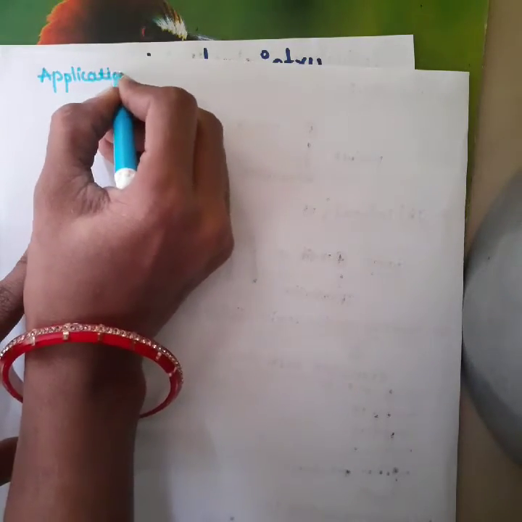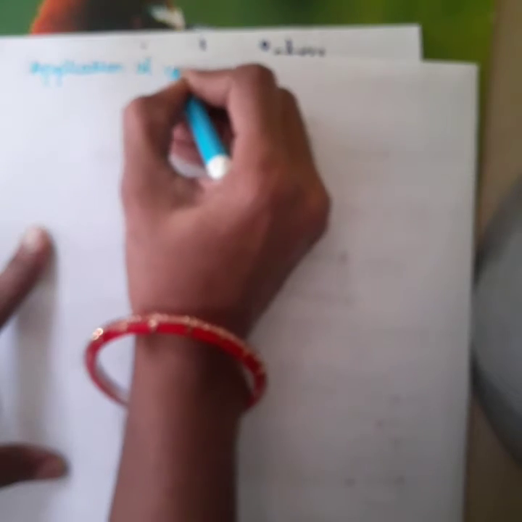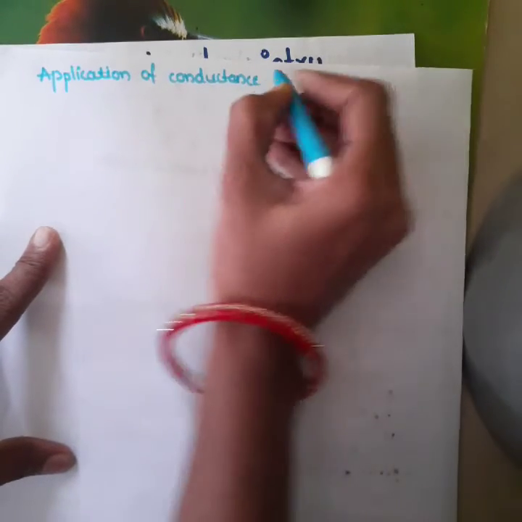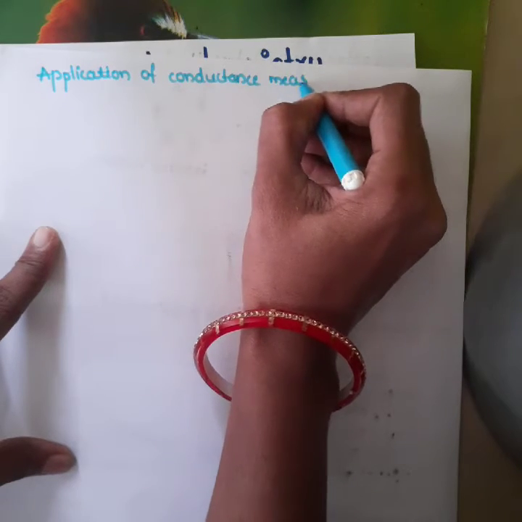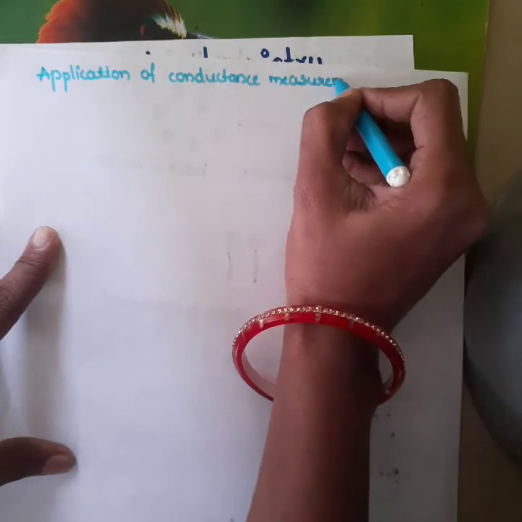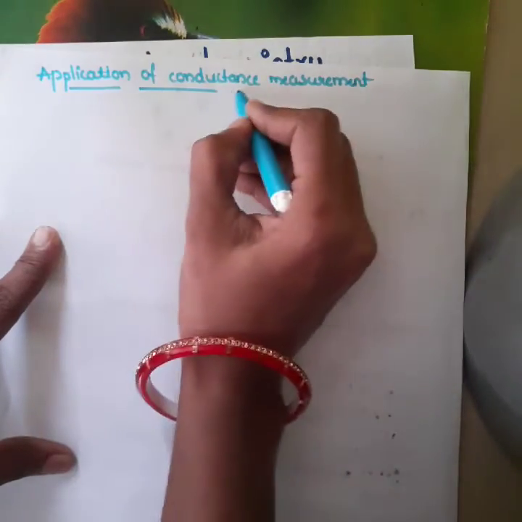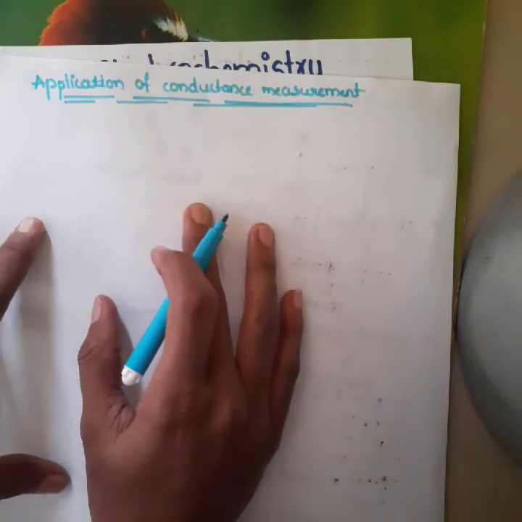Application of conductance measurement means we know how to find the conductance, and now where it will be applied, we are studying. This is the application of conductance measurement.